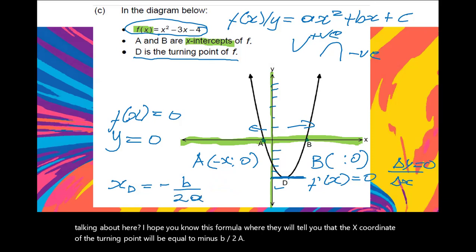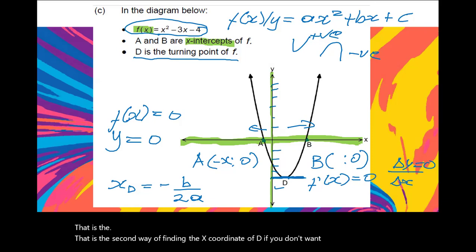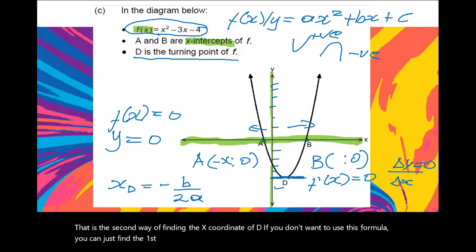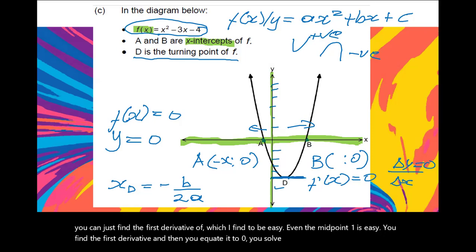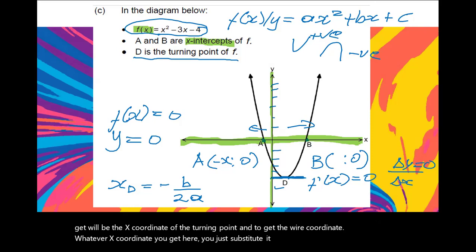That is the second way of finding the x coordinate of D. If you don't want to use this formula, you can just find the first derivative, which I find to be easy. Even the midpoint one is easy. You find the first derivative and then you equate it to 0. You solve for x, and whatever value of x you get will be the x coordinate of the turning point. And to get the y coordinate, whatever x coordinate you get here, you just substitute it into the original equation.